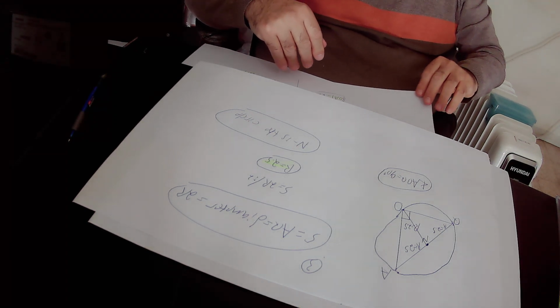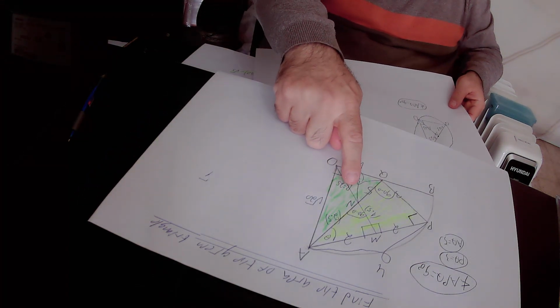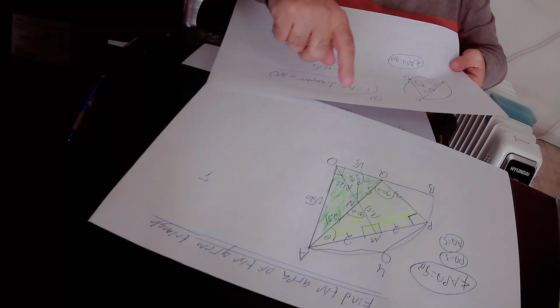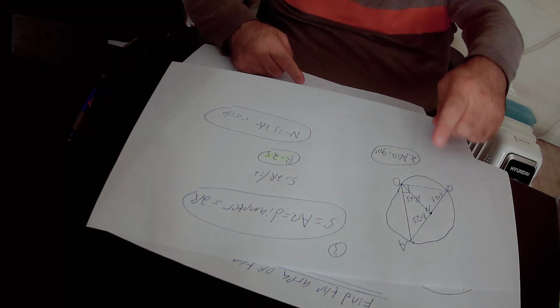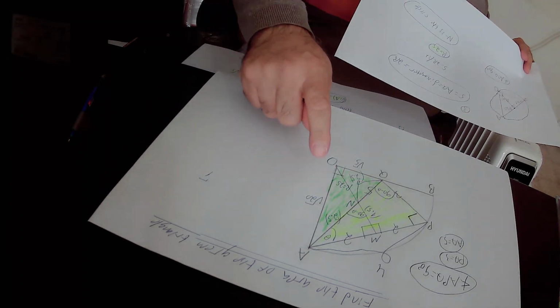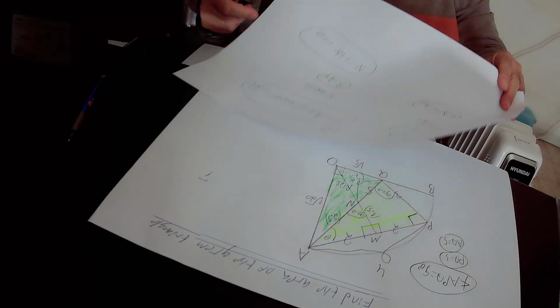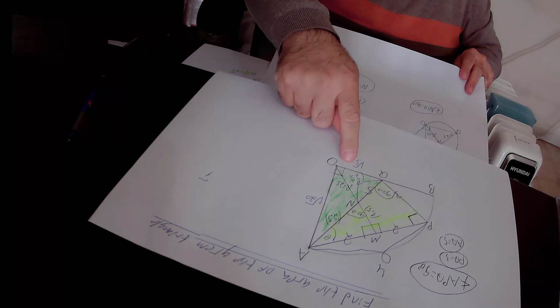In the next step, I copied point N from the original drawing to our drawing here. We already found that line segment AN equals 2.5, and line segment NQ equals 2.5 also.